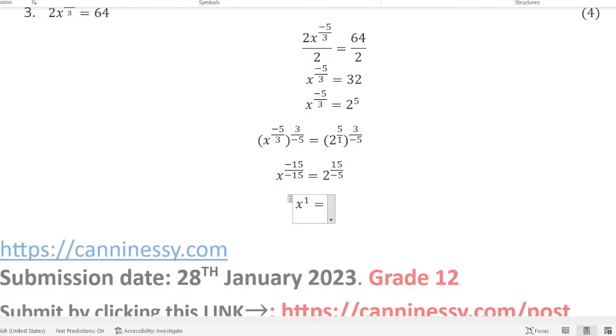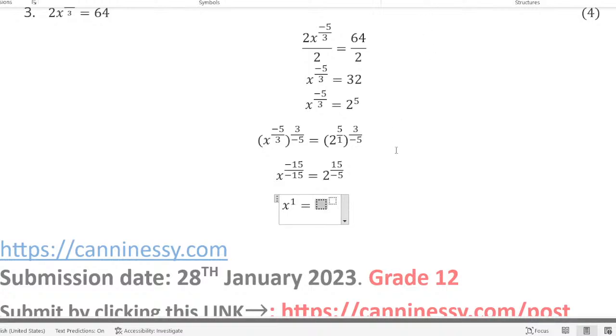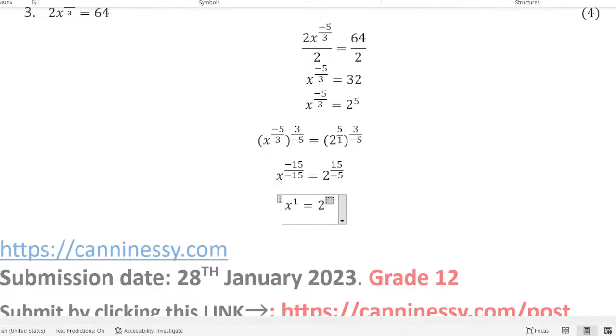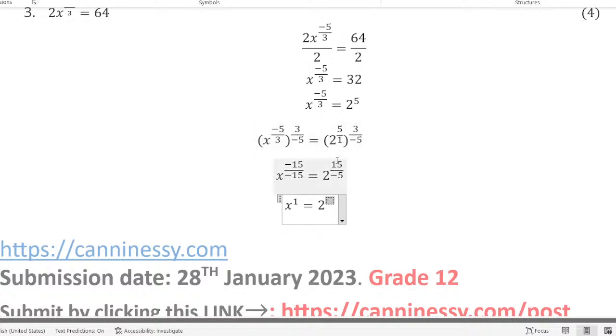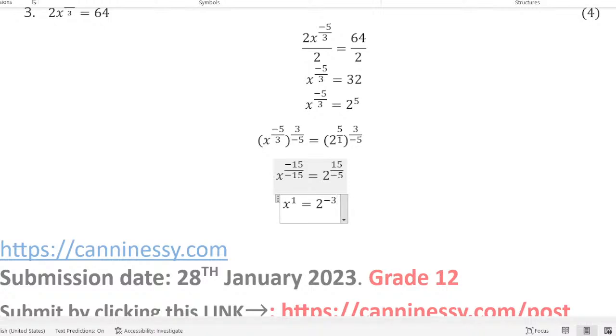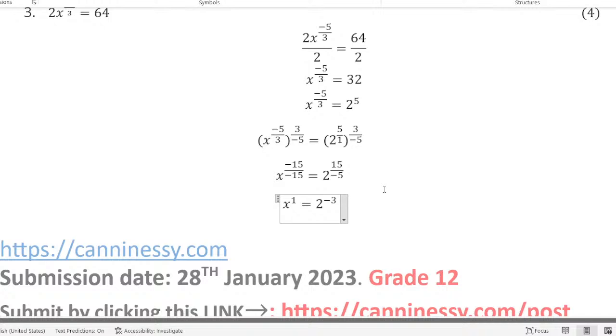Is equals to 2 to the power 15 divided by negative 5, which is going to be negative 3. Negative 3, right?